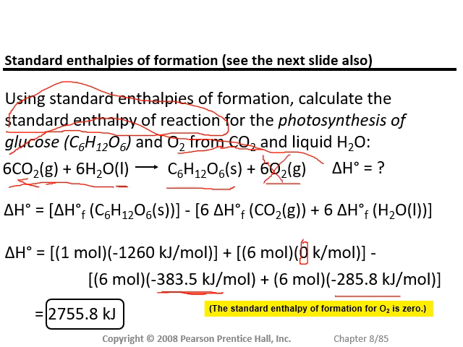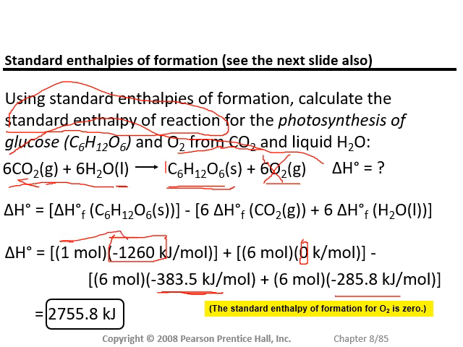So what it is going to leave us with is just C6H12O6. So in your chart, look up C6H12O6. Its delta H of formation is going to be this number right here, minus 1260 kilojoules per mole. We have 1 mole of it. There's an implied 1 there. So we multiply this 1 right here times minus 1260 kilojoules per mole.